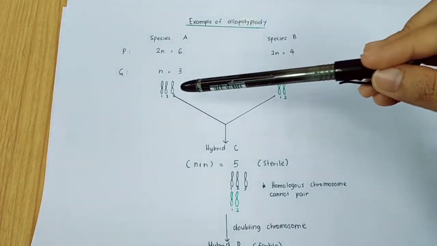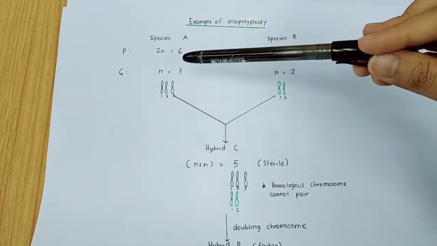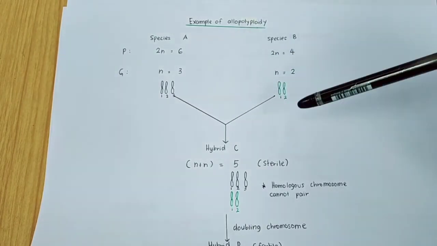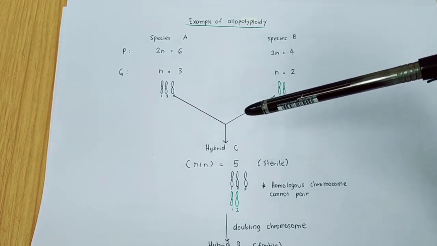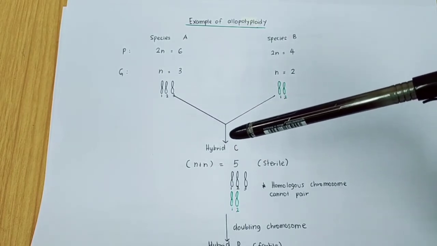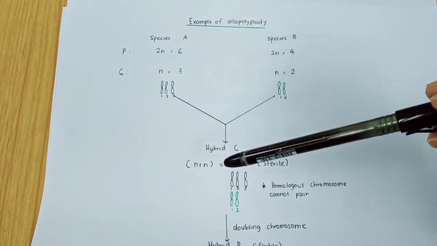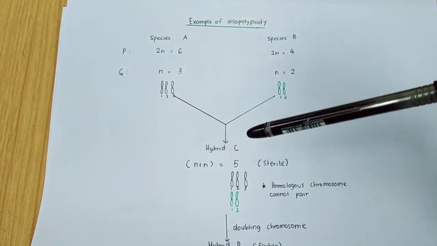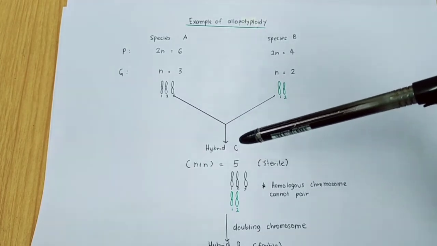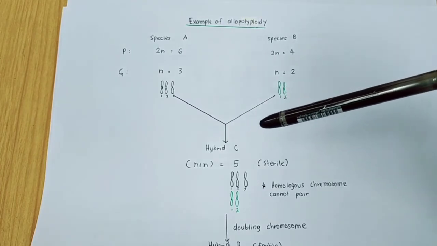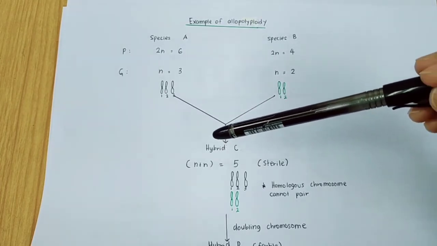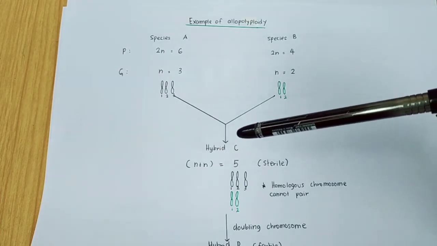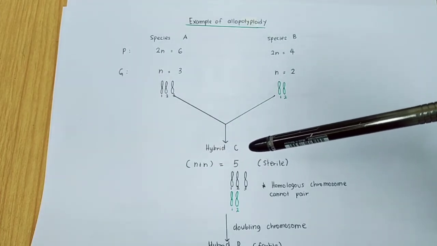So, when fertilization is occur between gametes from species A and also species B, it will produce hybrid C. So, hybrid C is n plus n equal to 5. Okay, so here, hybrid ni maksudnya adalah the result from the fertilization between 2 different species. So the offspring here we call as hybrid. Okay, so hybrid is sterile.